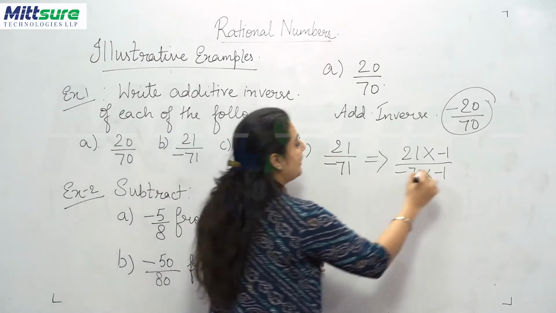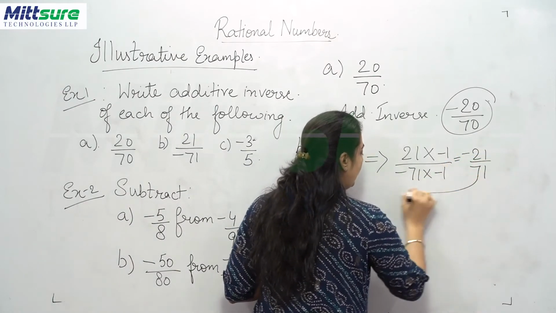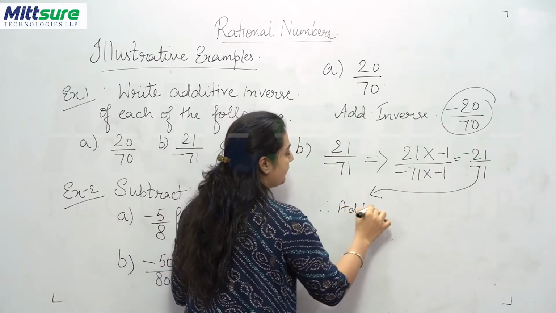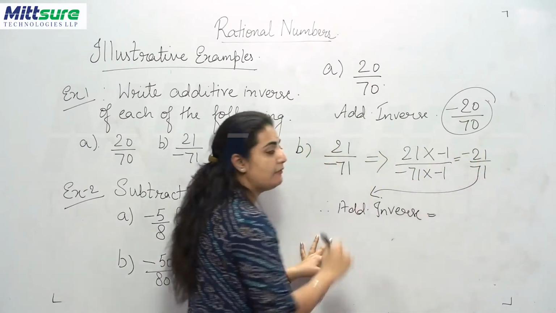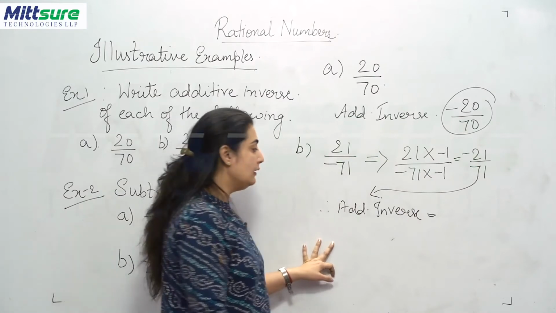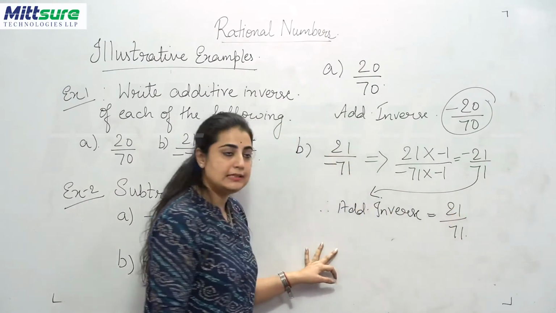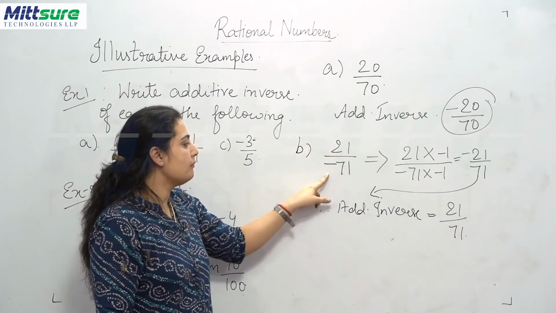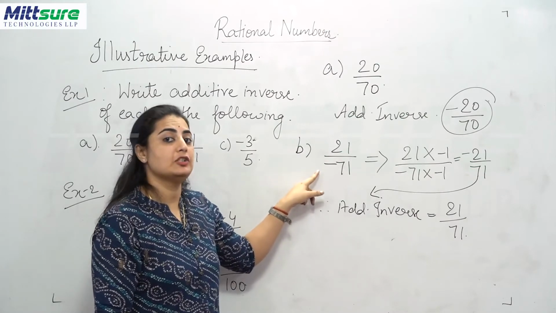So what will be my result? Minus 21 upon 71. And when you are writing it, therefore, the additive inverse of minus 21 upon 71 is 21 upon 71. Is it clear? What have we done here? The question was 21 upon minus 71, which is not in the standard form of the rational number.